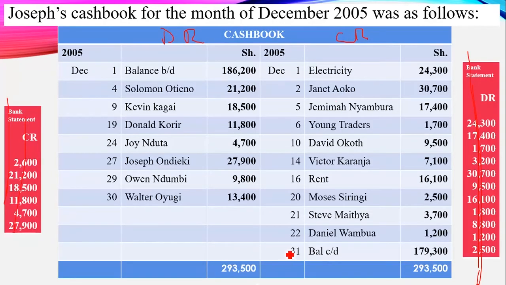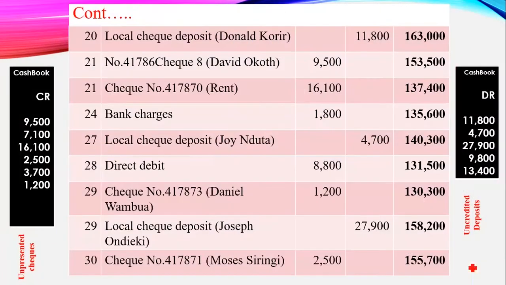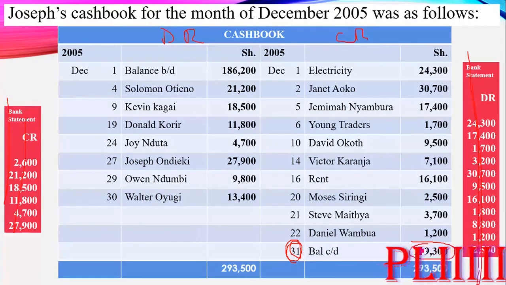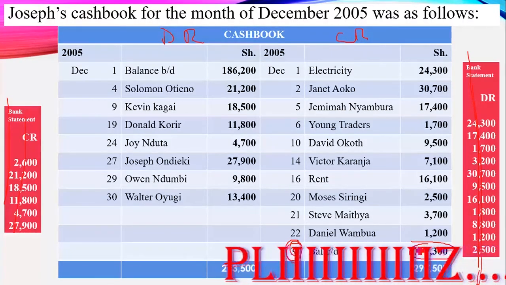So you find that the closing balance as at 31st of December was 179,300. So what does that tell you? If the closing balance was 179,300 and the closing balance here was 155,700, then this difference is what is going to necessitate the preparation of a bank reconciliation statement.